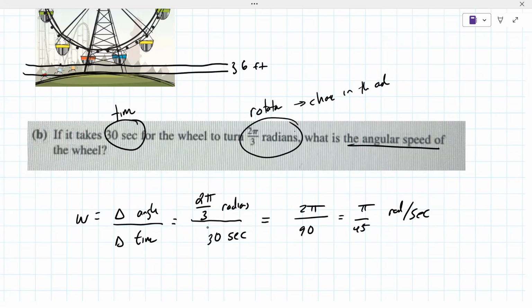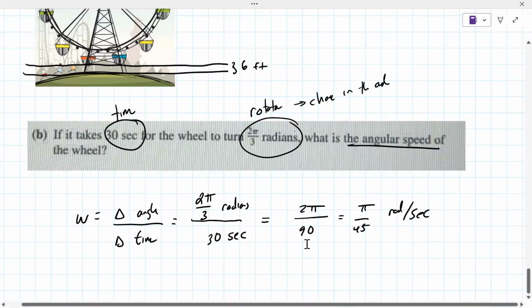Yep, 2 pi over 90. Oh, 30 times 3. So then it would be pi over 45.